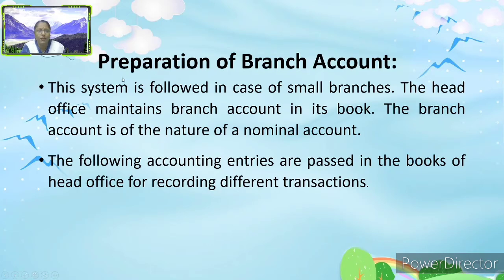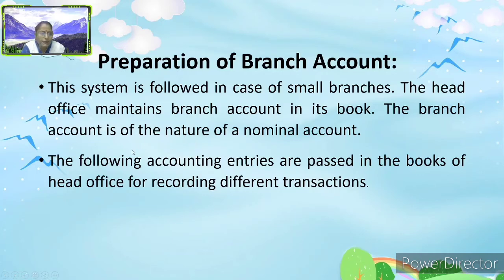Now, the preparation of branch account. Let us see one by one. This system is followed in the case of small branches. This is the preparation of branch account, where if the branch is very small, then we can opt for this. The head office maintains the branch account in its books. The branch account is a nominal account in nature.